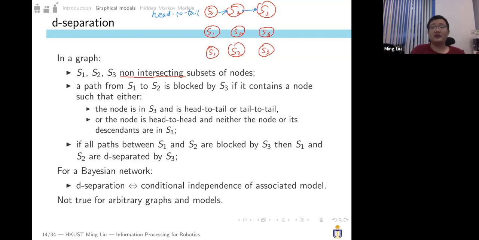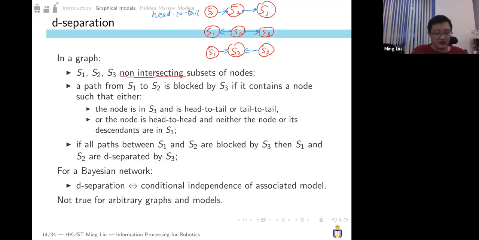This is called head to tail. A second case is so-called tail to tail. And the third case is head-to-head. You only have these three cases in a DAG, in a directed acyclic graph.